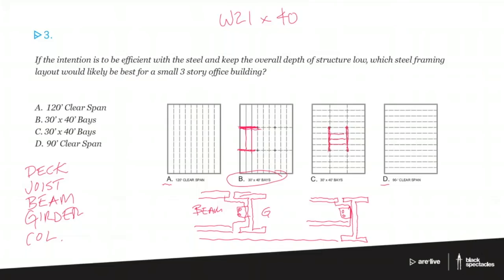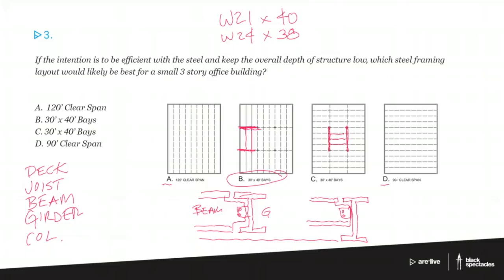If I can do the same span with, let's say, a W24 by, again, I'm just making these numbers up just to be illustrative, by 38, which I don't think exists, but let's say it did. That 38 is less weight of steel per linear foot, but it's a taller member.